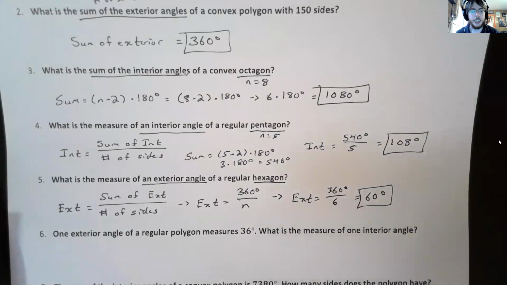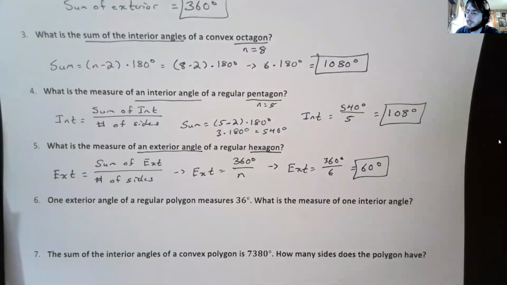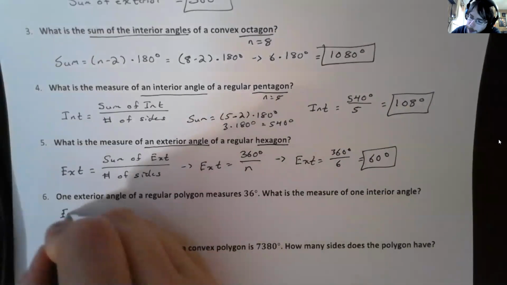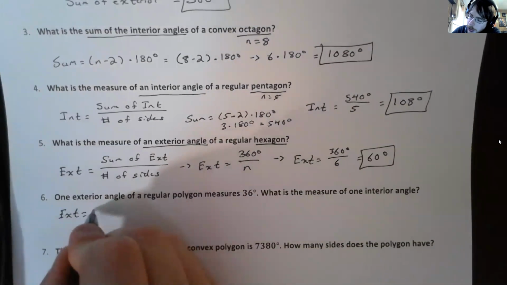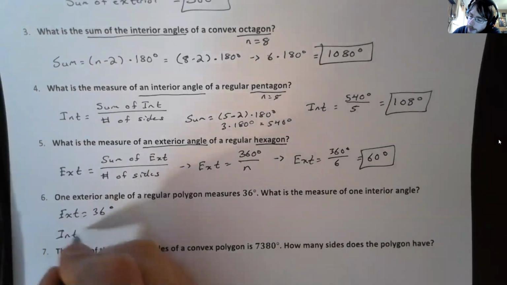All right, number 6. Number 6 says one exterior angle of a regular polygon measures 36 degrees. What is the measure of one interior angle? So we're given an exterior angle to be 36 degrees, and we want to know the interior angle.